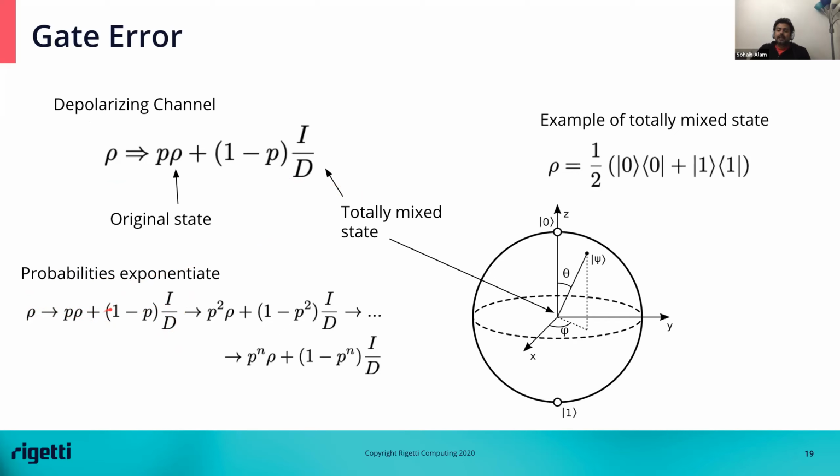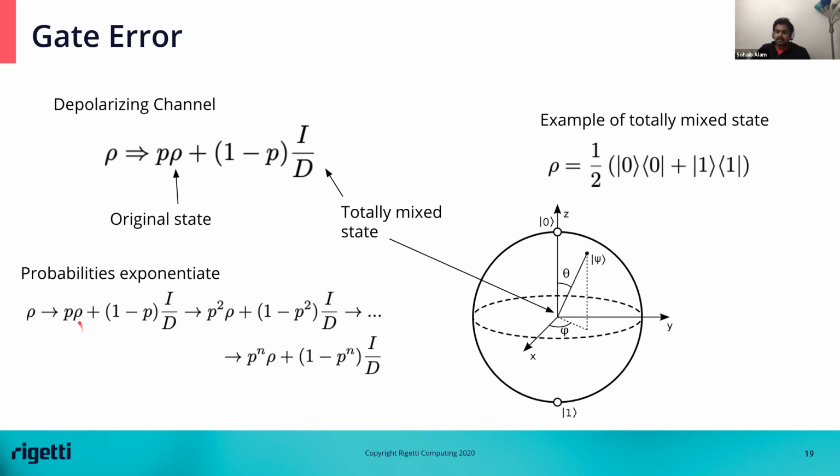And that rho prime I can write out in terms of the original density matrix in this particular form. Now I pass it through the depolarizing channel once more, and I'll get this particular thing.